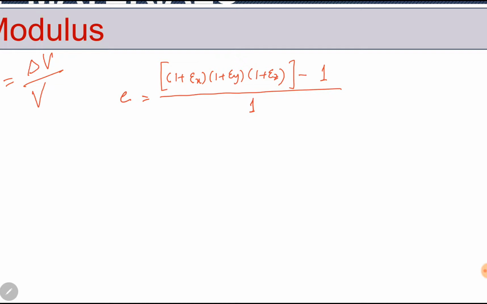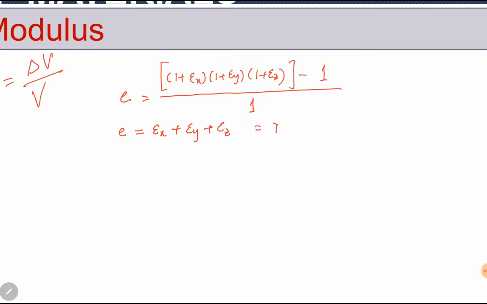The product of strains is generally a very small number, so the product of 2 or more strains will be very small. So we will neglect the terms involving products of 2 or more strains, and we can simplify this expression. Dilatation e will be equal to epsilon x plus epsilon y plus epsilon z.